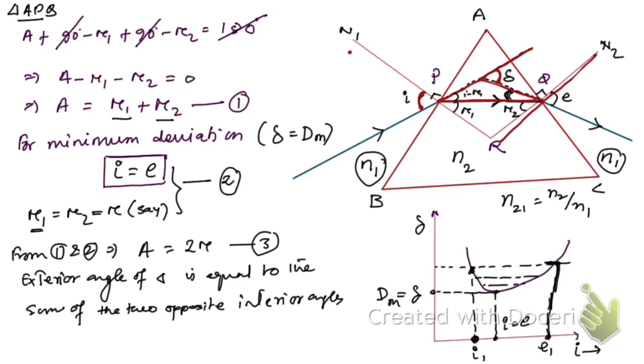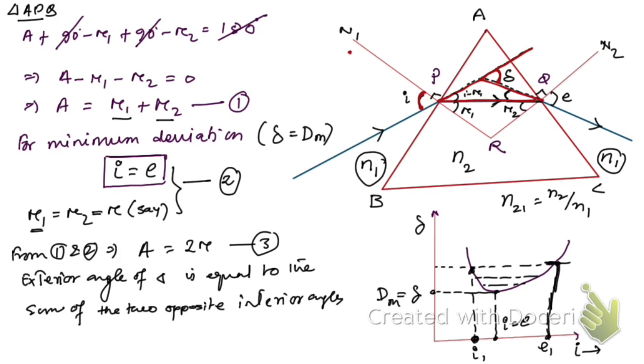This is the normal, and this is the emergent ray. These two angles are vertically opposite, and this angle below the ray of light is R2. So above the ray of light, we get E minus R2, right? Hope you have understood this.